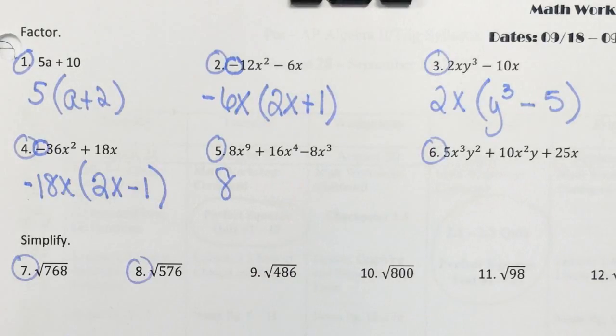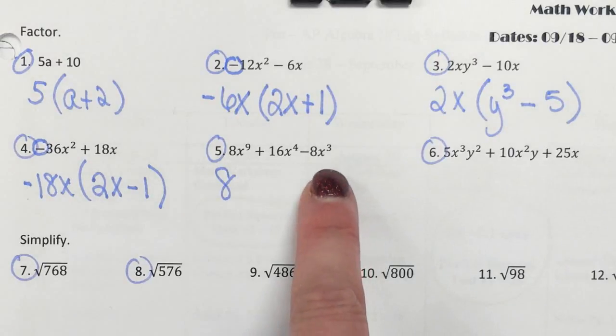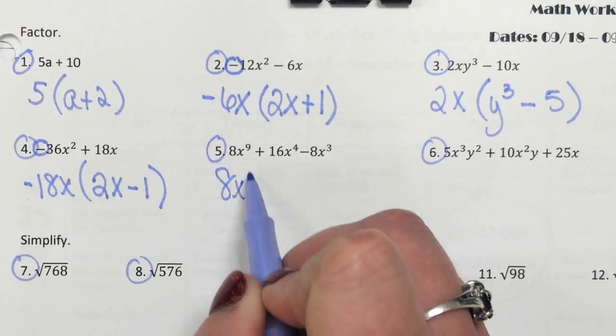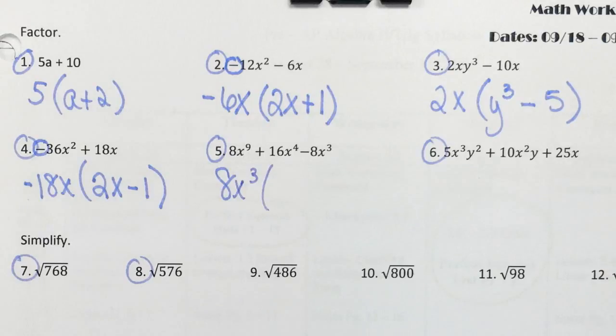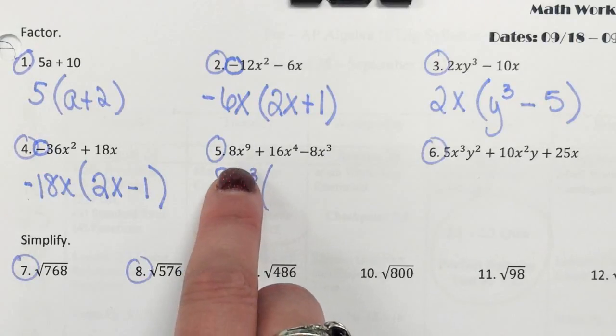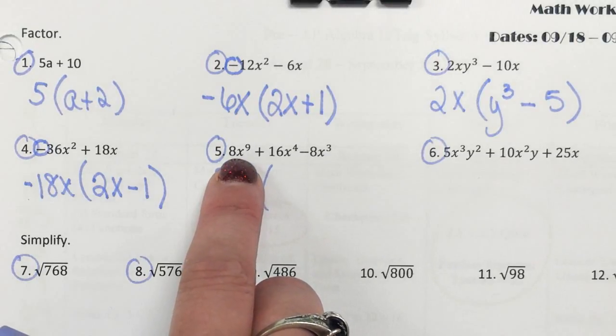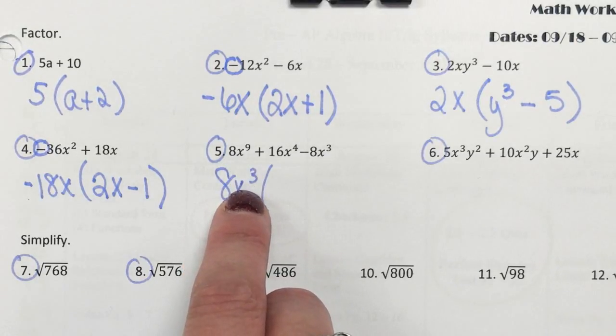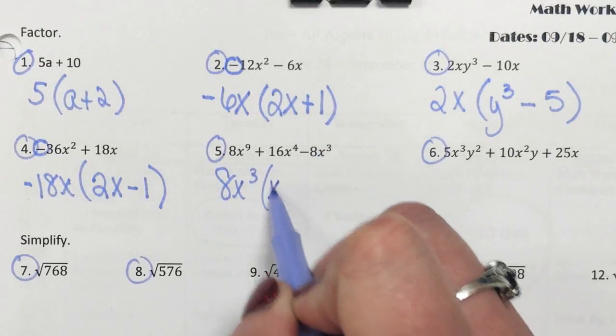What's the biggest X that goes into all 3 of them? 3, right? Okay, so we're going to take out 3. Okay, so you did 8 divided by 8. How much is that? 1. You had 9 X's. You took out 3 of them. How many do you have left? 6.